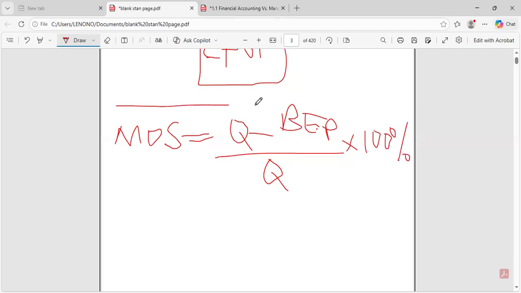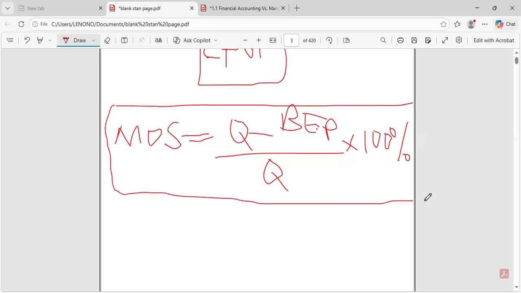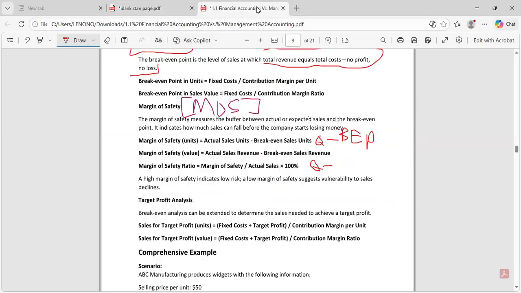This is how we get the margin of safety.